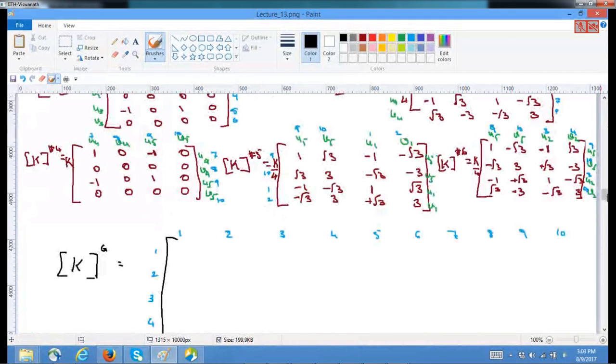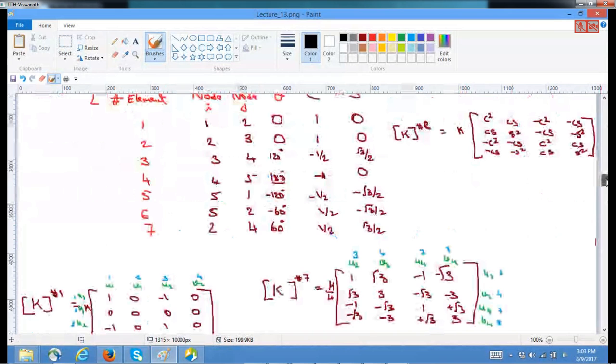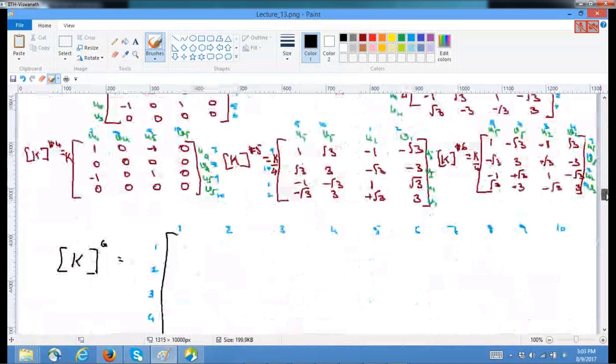Now let's see the first. What are the degrees of freedom? I want to rewrite it in terms of actual quantities. This is U1. Odd numbers are U's, this is U3, this is U4, this is U5. We have 5 degrees of freedom.